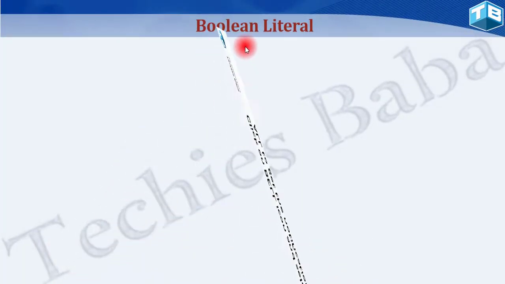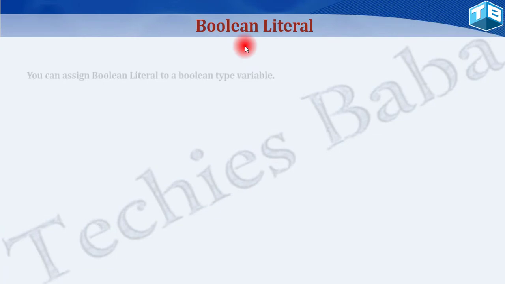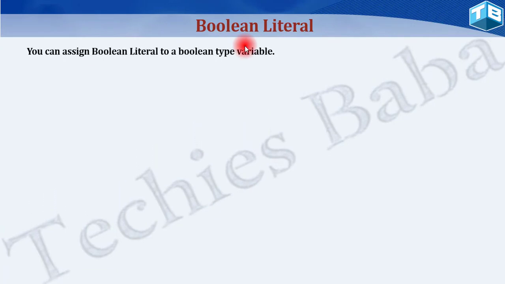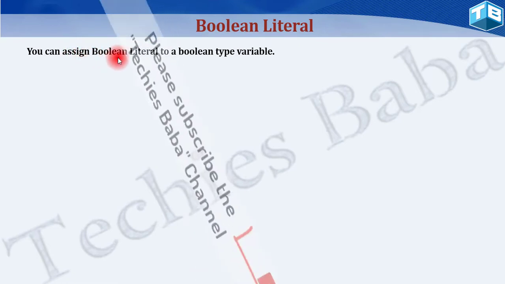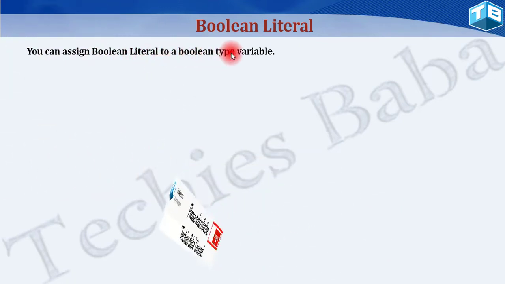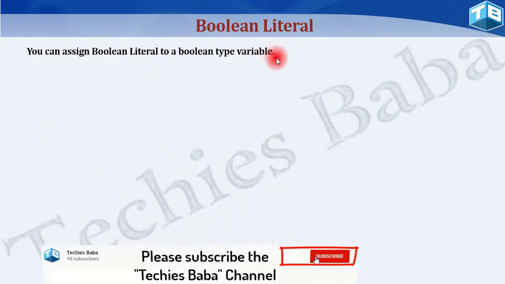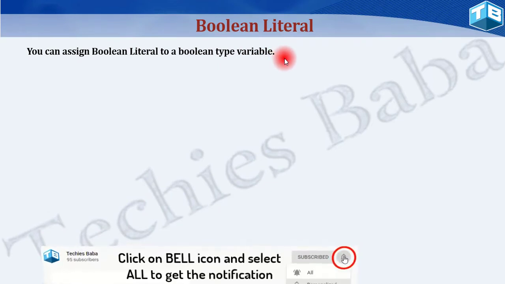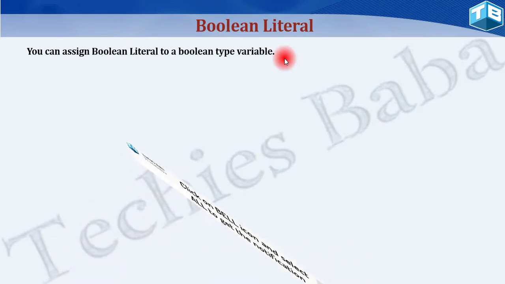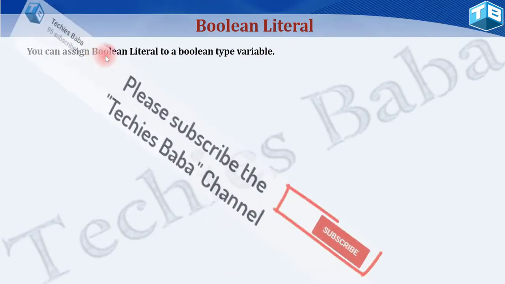When you think about the program, about the application, we can assign the Boolean literal to a Boolean type variable. So if we are writing the application, and we have a Boolean variable or some place where a Boolean type is required, then you can use the Boolean literal.